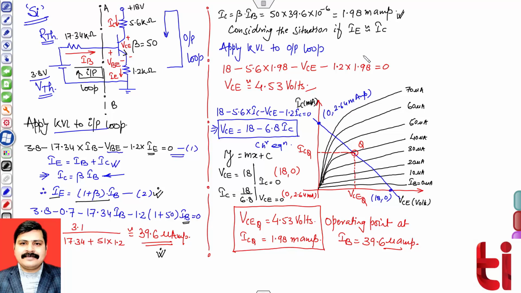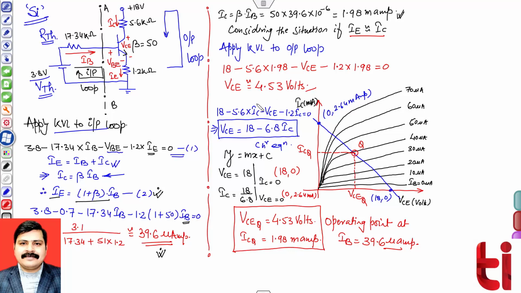So we have solved this problem with reference to a load line analysis. So you can check during the load line analysis, as we require a DC load line, we have taken over here IE approximately equals to IC. And now when we are applying KVL to my output loop, it is 18 volt minus drop across 5.6 kilo ohm minus voltage across VCE minus voltage across 1.2 kilo ohm.